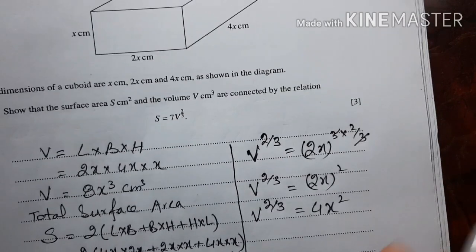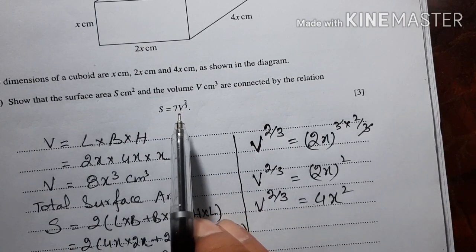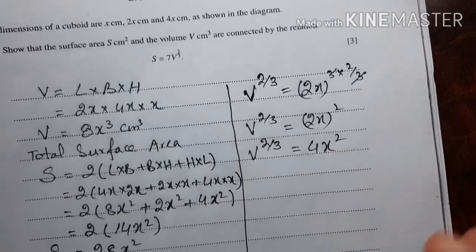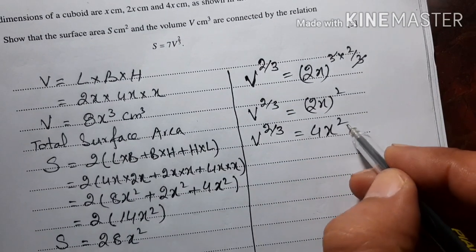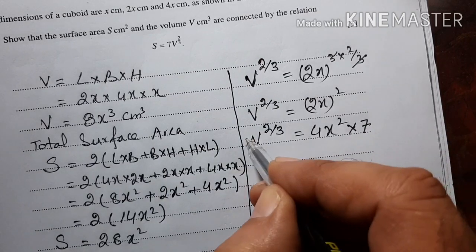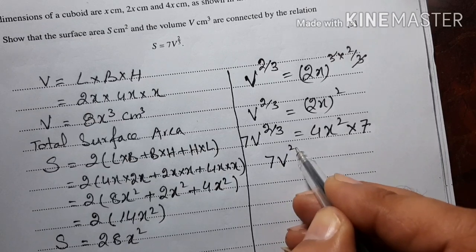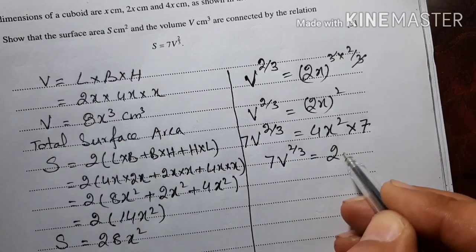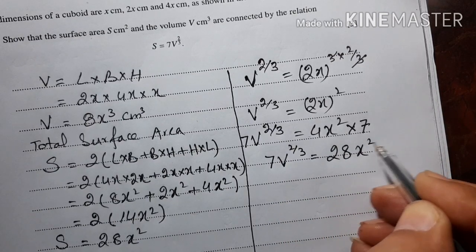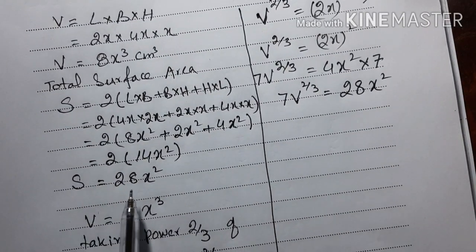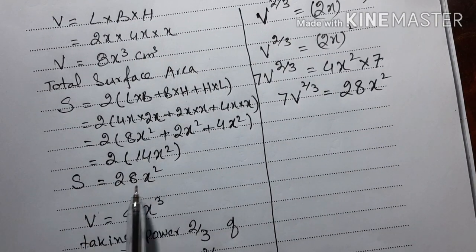So if we see in the answer, we can see 7 with V power 2 by 3. So I will multiply both sides by 7. So 7V to the power 2 by 3 will be 28x square. And the surface area is actually 28x square, so I'll put S instead of 28x square.